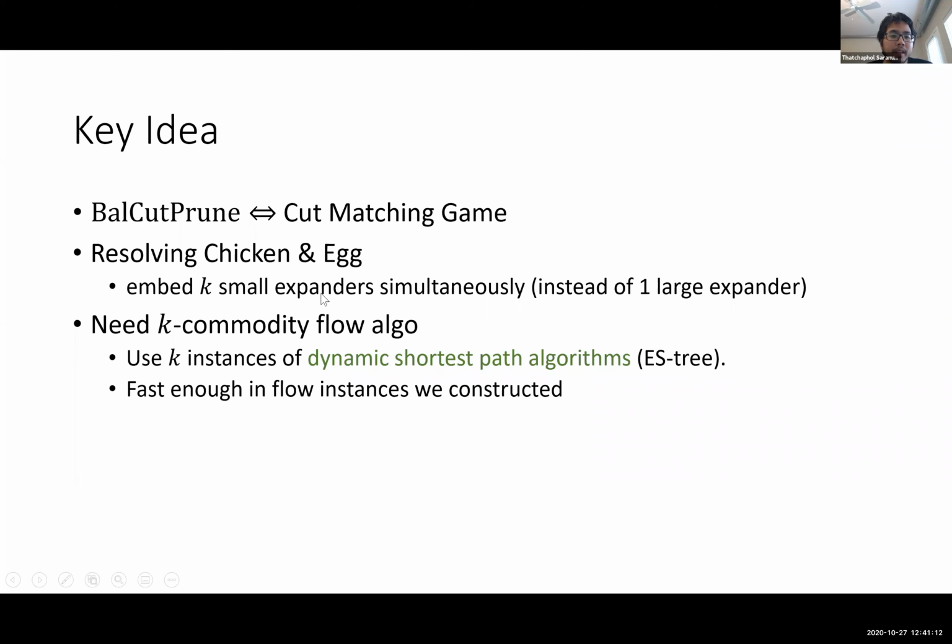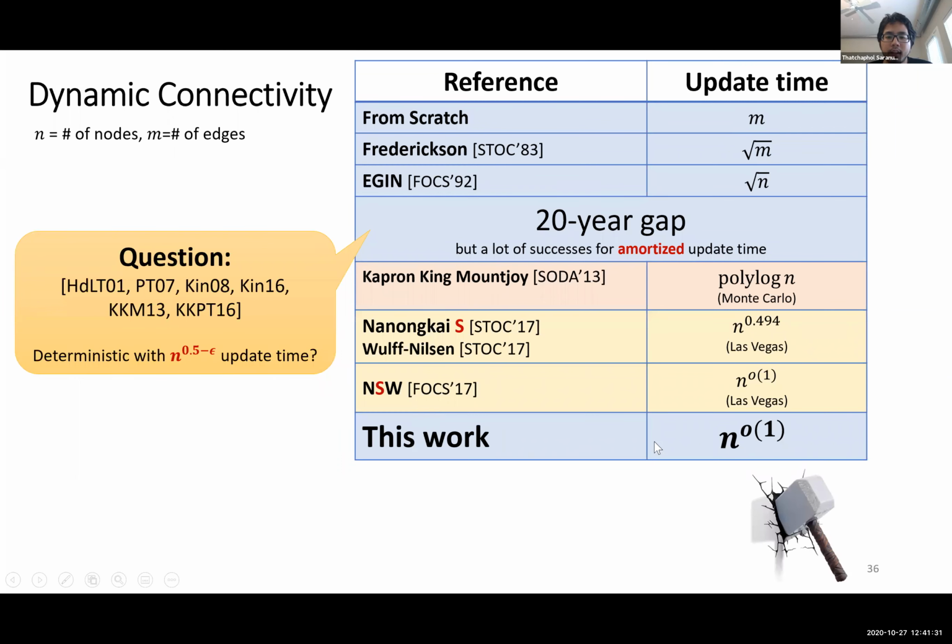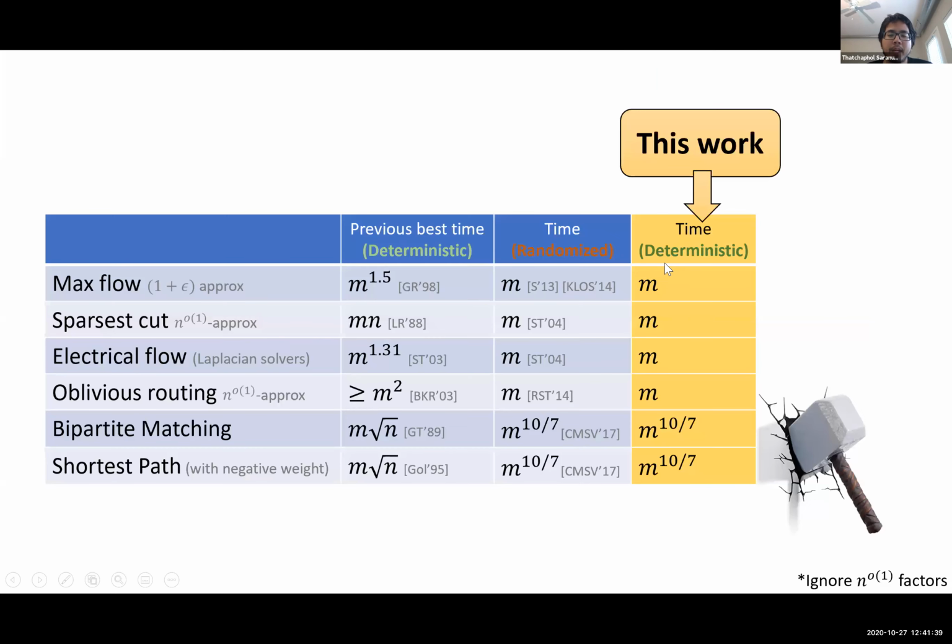But to embed k small expanders, you face one technical challenge of trying to solve k commodity flow. It turns out you can use a dynamic algorithm to solve that fast because our flow instance is simple enough. That's the idea. From that, you get a nice application that resolves a major open problem in dynamic graph algorithms and de-randomizes a lot of things.